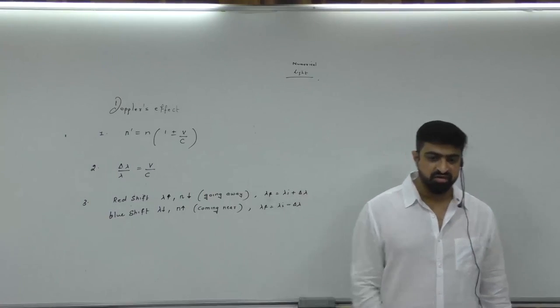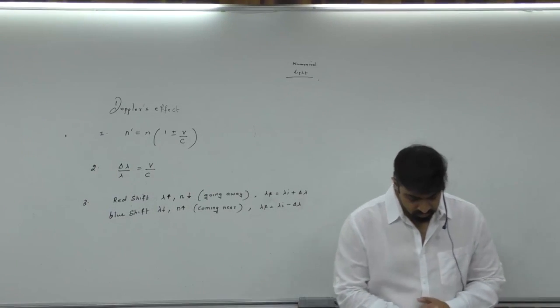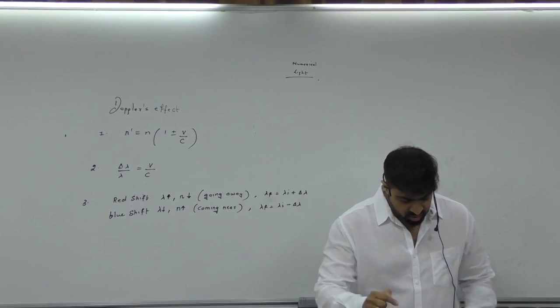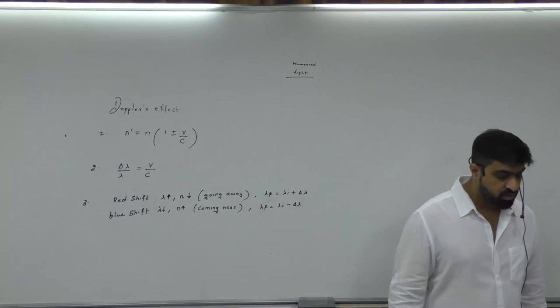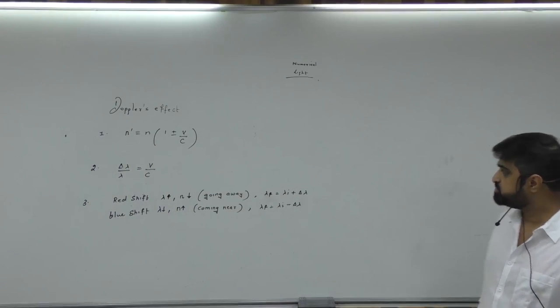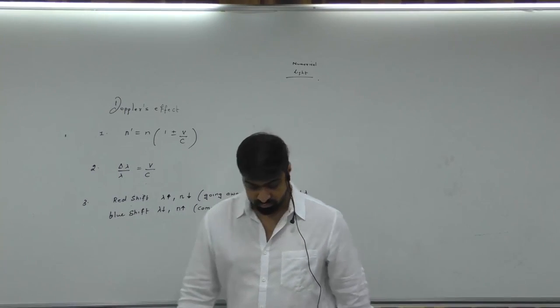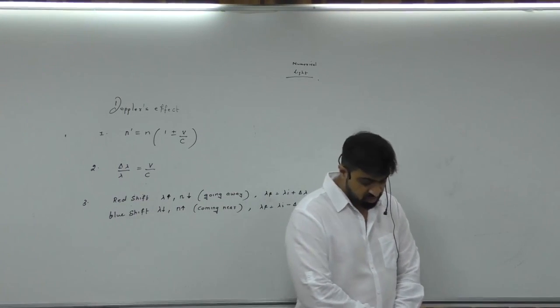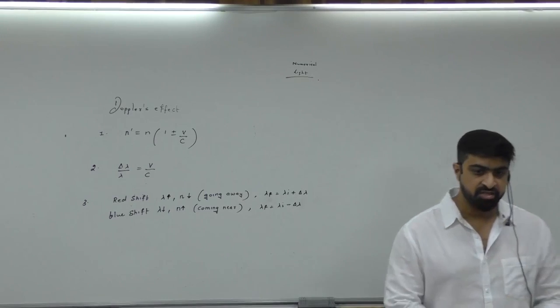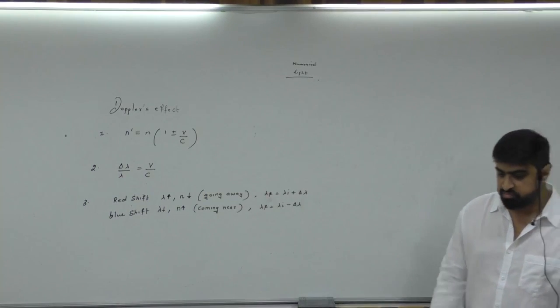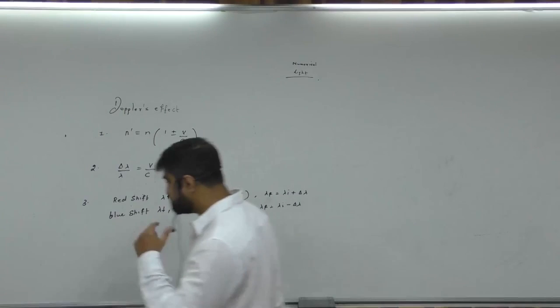Now we will write some questions. We will try to do it. Okay. A rocket is going away at a speed of 10 raised to 6 meter per second.